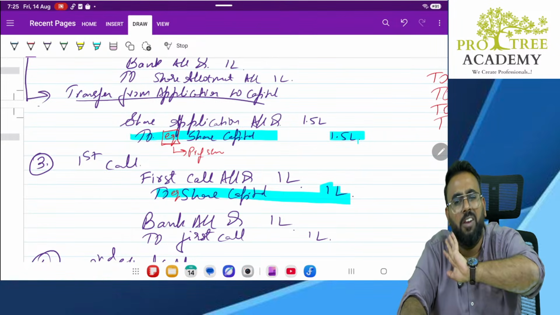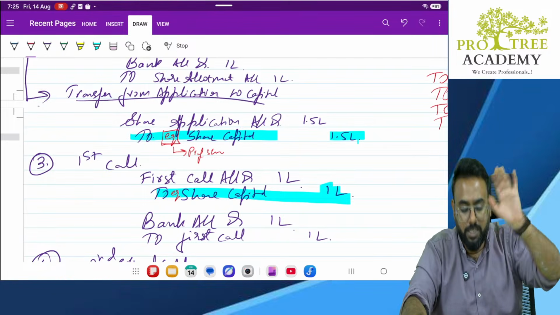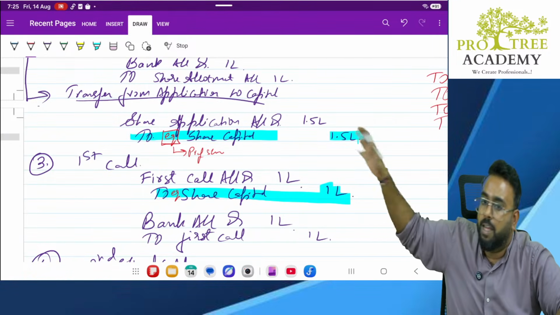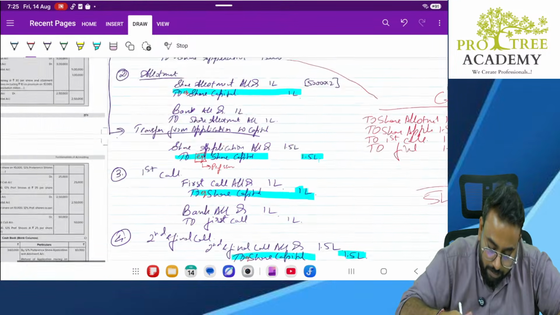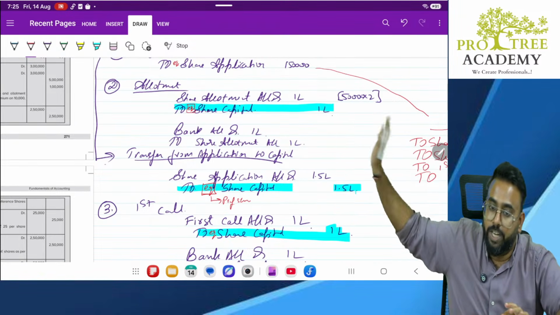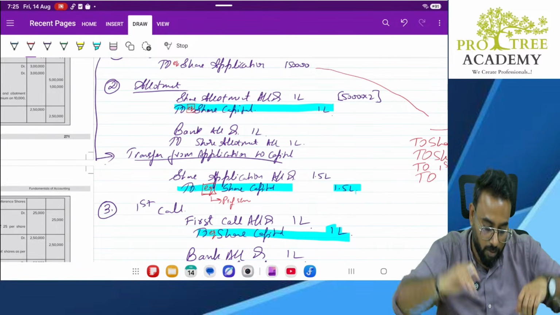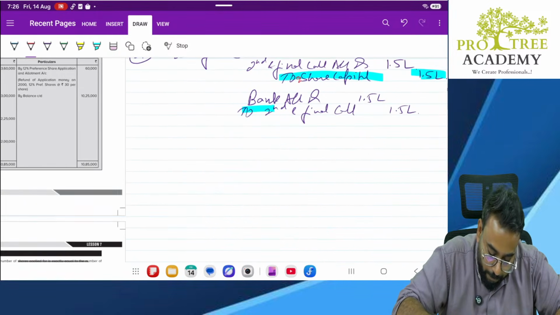That's all, no change. The journal entry will remain the same. Instead of equity share capital, we will use the words preference share capital. Clear? Please be assured about this. You need to write equity share capital when you are issuing equity shares. I missed it, but please write it down. Clear? Okay.